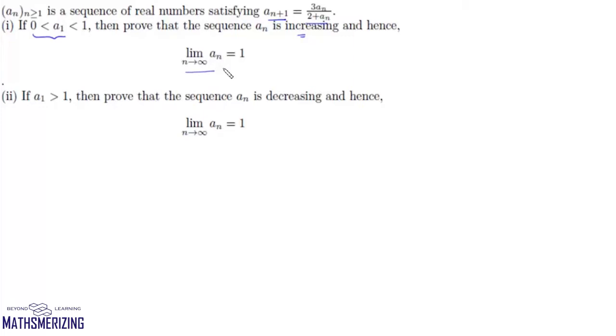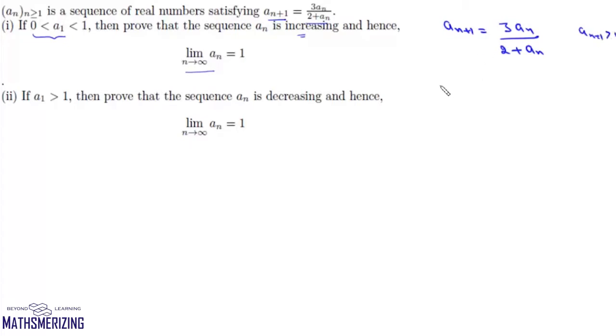Now what we are given is that a_{n+1} is equal to 3a_n upon 2 + a_n. Since in each case a_1 is greater than 0, we can say that any a_{n+1} will be greater than 0.